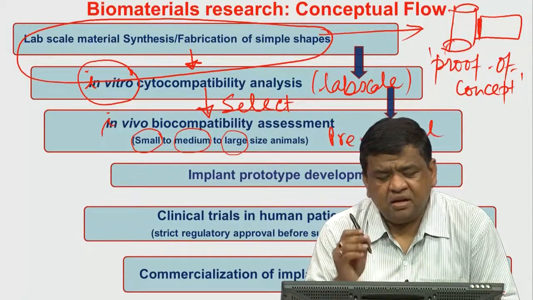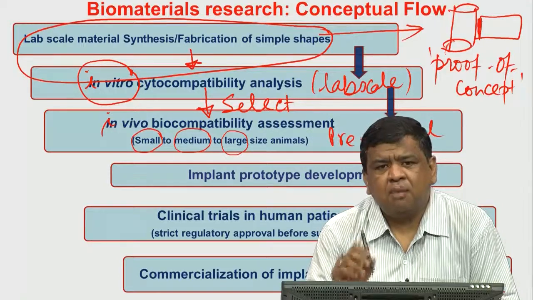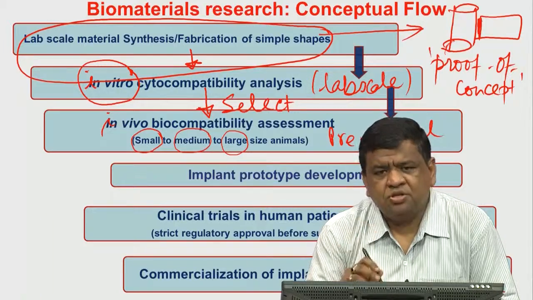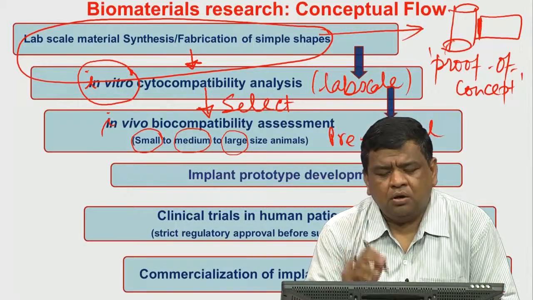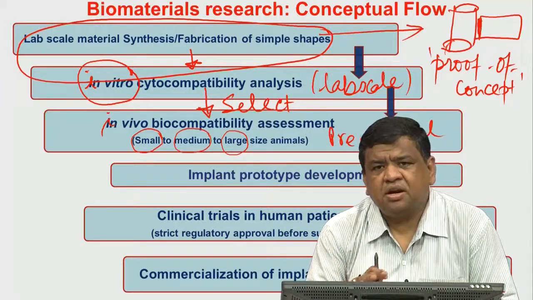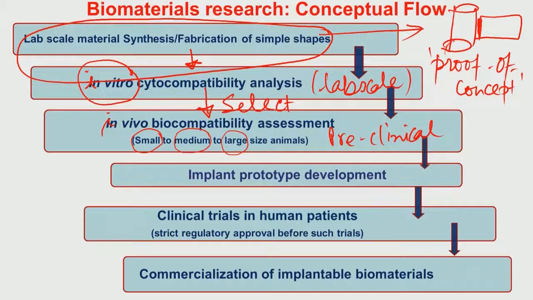So, here animal ethical committee approval is a must, and each institution wherever in this world wants to carry out this animal testing must have an institutional animal ethical committee which has members from different disciplines as well as a socially conscious person as well as a person who is remotely linked to this study.